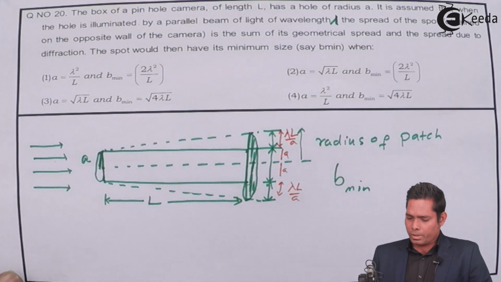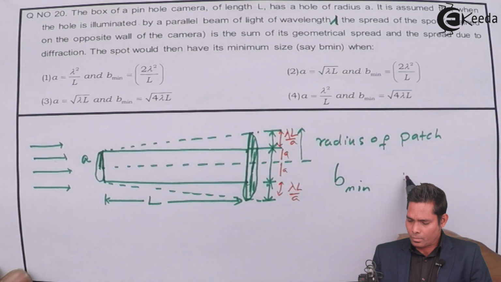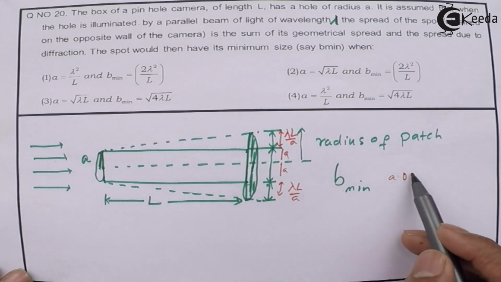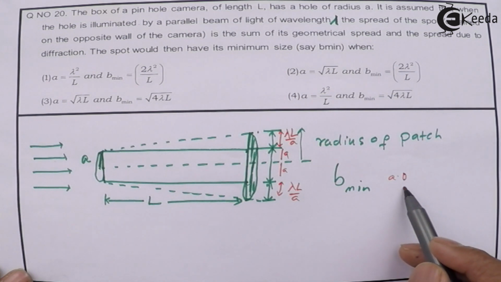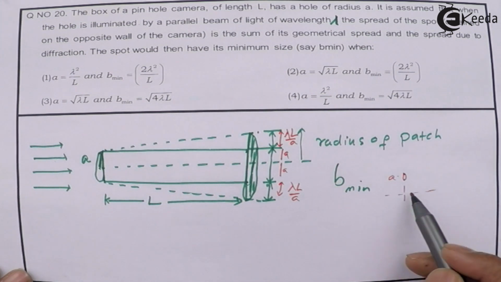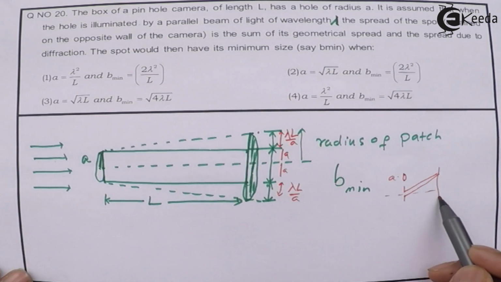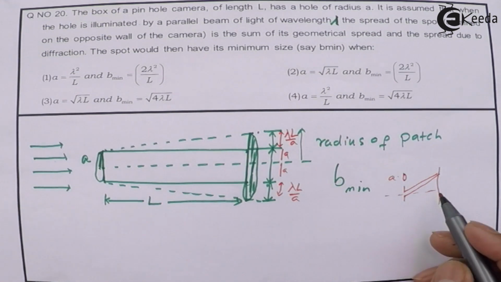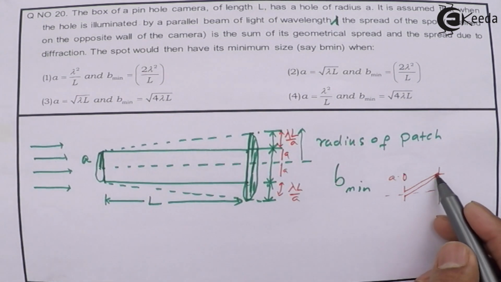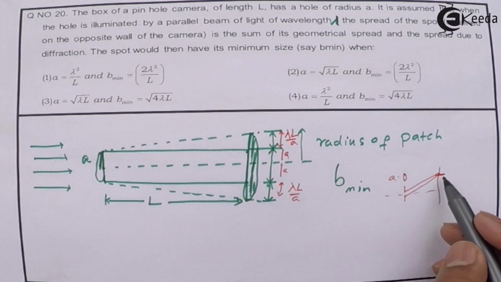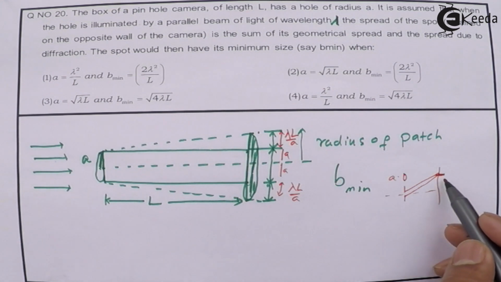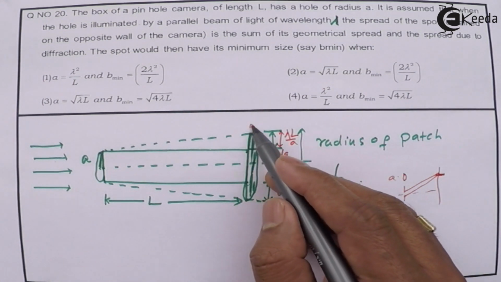Why is it so? Because we know that if this is A, the aperture, then there is a diffraction. Diffraction will occur, and here the bright one and the first minima is obtained here. After this is minima.